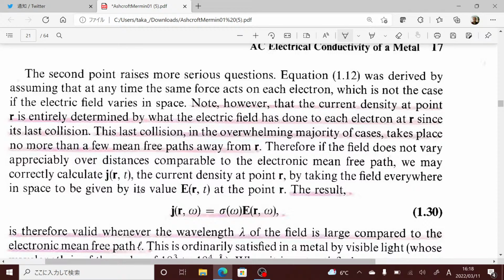Note, however, that the current density at point r is entirely determined by what the electric field has done to each electron at r since its last collision. This last collision, in the overwhelming majority of cases, takes place no more than a few mean-free paths away from r.